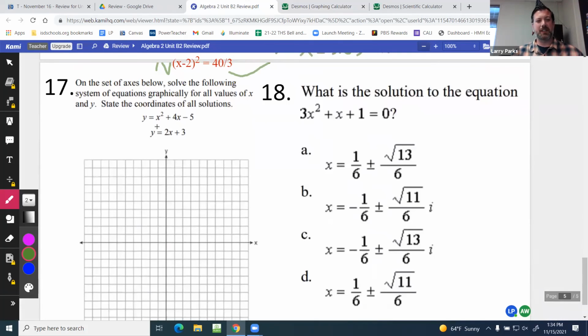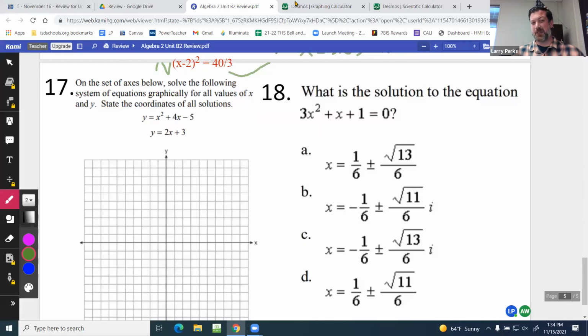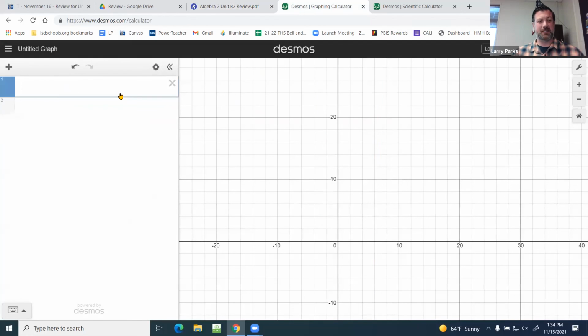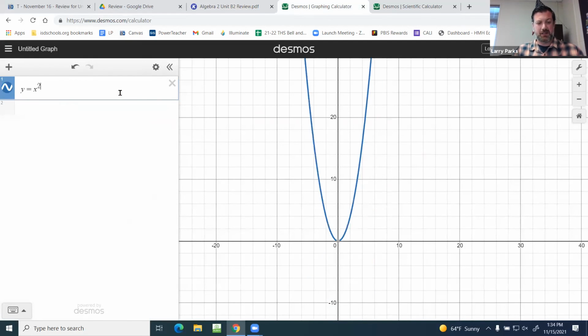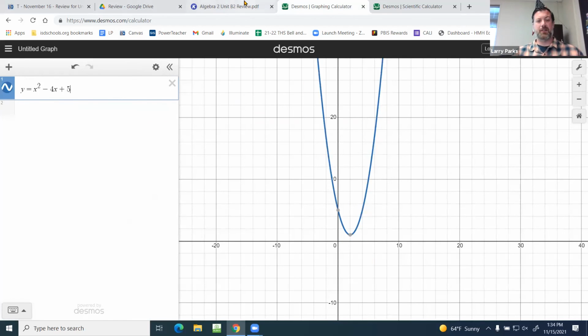All right, two more. On the set of axes below, solve the following system. So we just did systems the other day. Easiest way is just type that in Desmos, see where they intersect. So that's y equals x squared plus 4x minus 5. What's the other one? y equals 2x plus 3, that's linear.